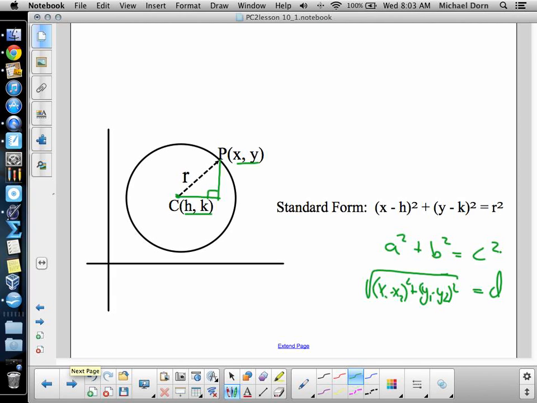Distance formula is the square root of the equation of a circle. They're all just fancy expansions of the Pythagorean theorem. They're the same equation, just re-expressed in different ways. And here I could easily use the distance formula to find the radius, and then we find the equation of the circle. It's not too tough.